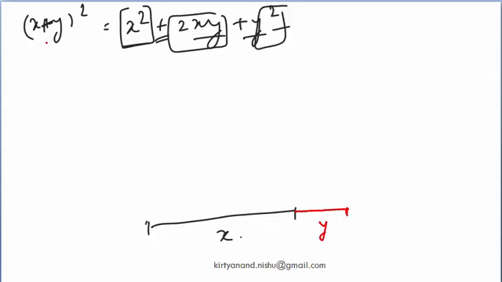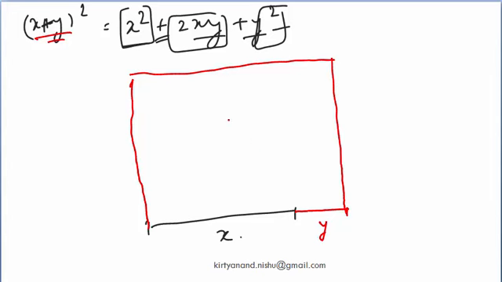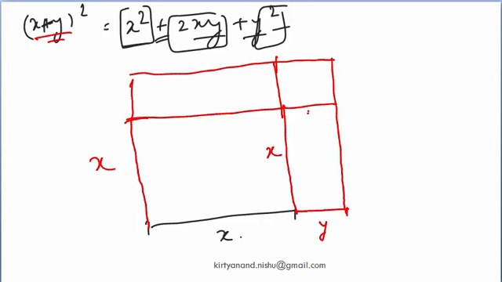Now x plus y whole square will be nothing but a square of side x plus y. So let me quickly draw that square for you. This side is x, this is y, this is y, this is x, this is y, this is y, this again is x.